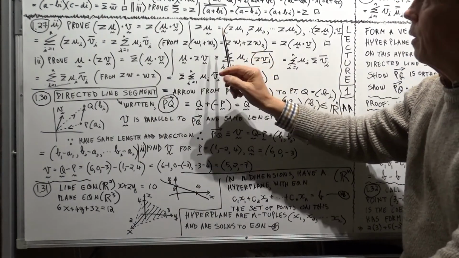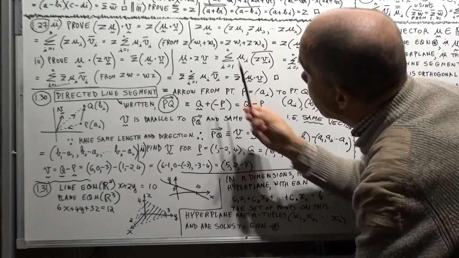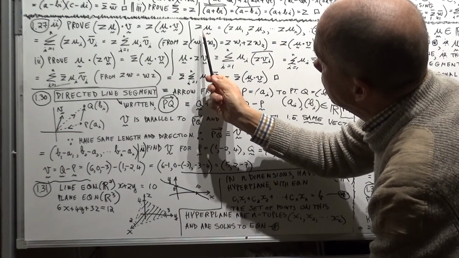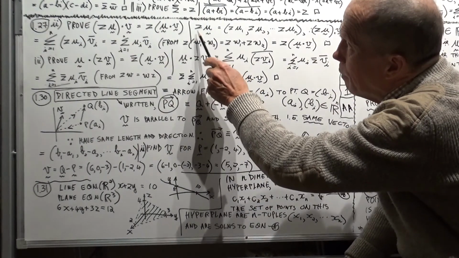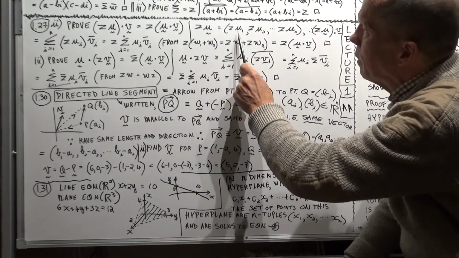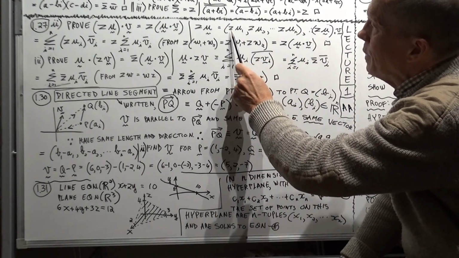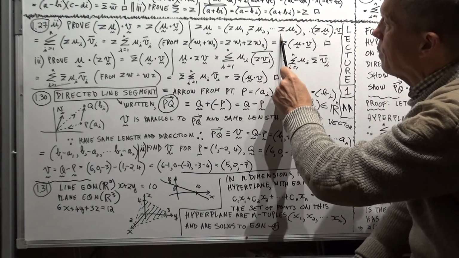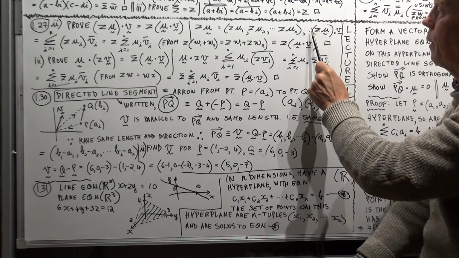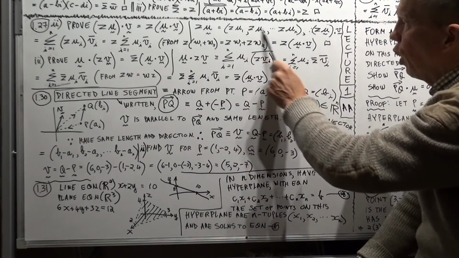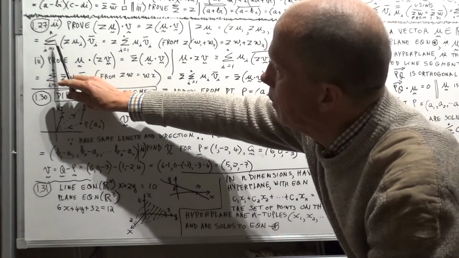So zu, that's just scalar multiplication. You just multiply each component of your complex vector u by z, so as an n-tuple this will be zu1, zu2, zun, and therefore if you dot this with v, you will get this.